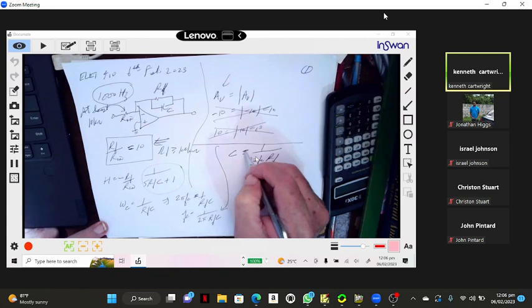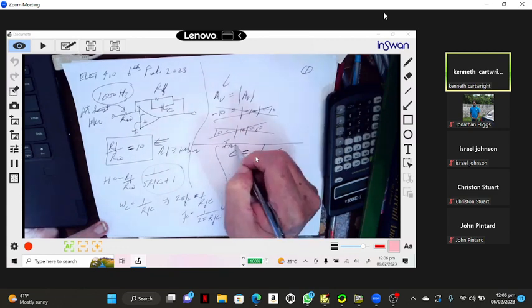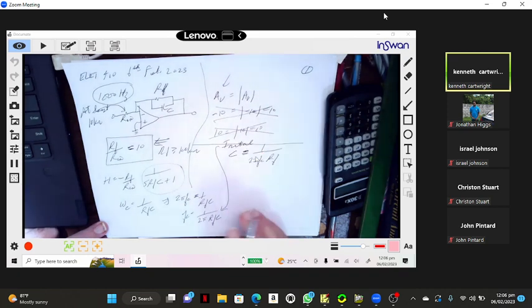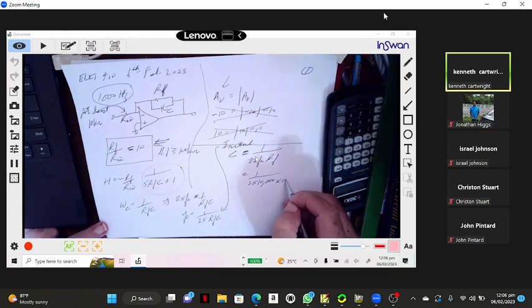So this is our initial C. It's going to be 1 over 2 pi times 1,000 times RF, 10 to the 5.